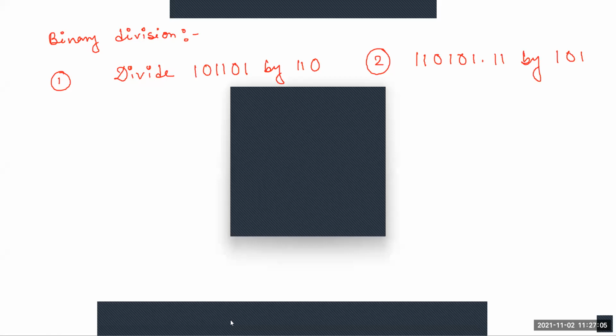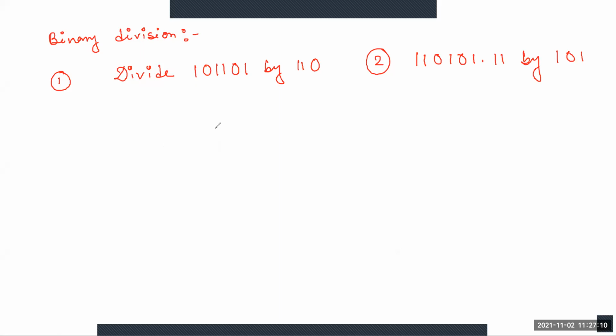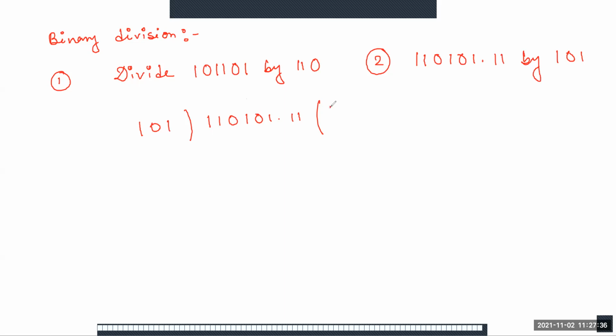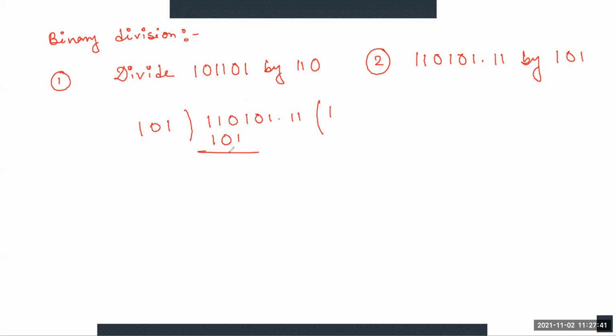Okay, now we will see the second problem, that is 1101.11 divided by 101. 101 means 5, and if we consider 3 bits, that is 6. Up to 3 bits it is 6. So 1 times it is 101.